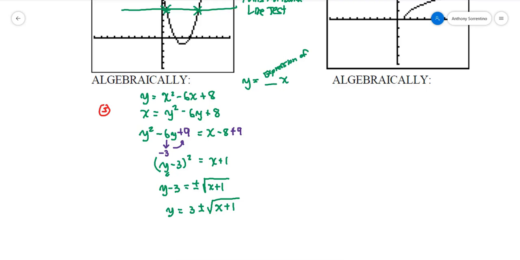Because of that plus or minus symbol right here, there are values of x, say 0, where I could get more than one y value. Because if x is 0, y is going to be either equal to 3 plus the square root of 1, which would be 4, or y is going to equal 3 minus the square root of 1, which is 2. 0 as an x value producing two y values means that this inverse I came up with is not a function.